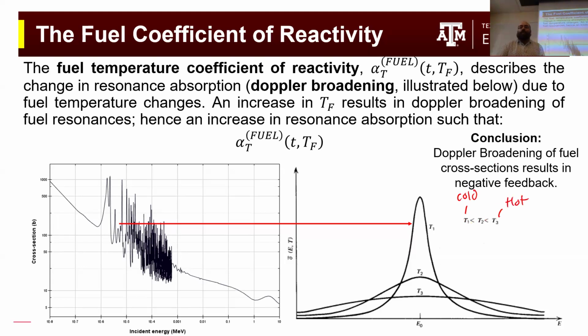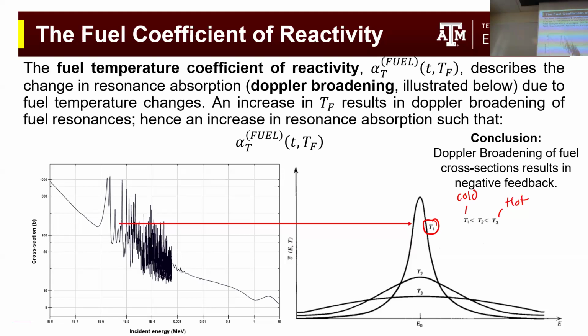Notice that when my temperature is cold, for T1, my resonance is skinny and tall. If the resonance is skinny and tall, then only a small range of neutrons get absorbed within this resonance, because it's a thin range of energies.